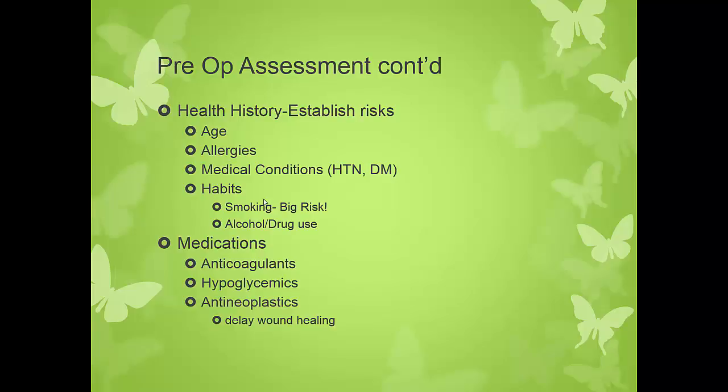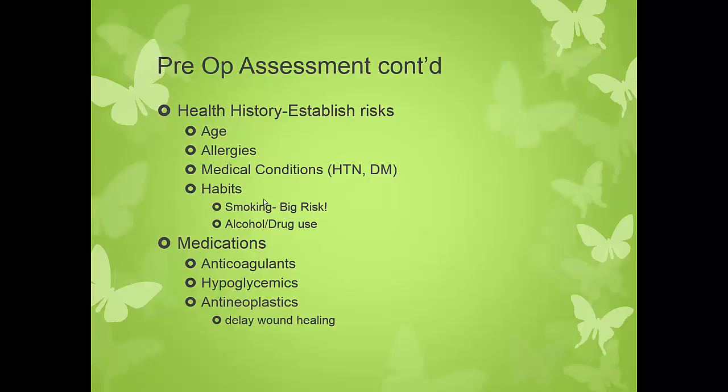I will say that a lot of times when somebody is about to go under the knife, they will tell you the truth, but most times patients skirt over the truth. They don't want to tell you everything, and you find out sometimes the hard way that they weren't completely open with you during the assessment.